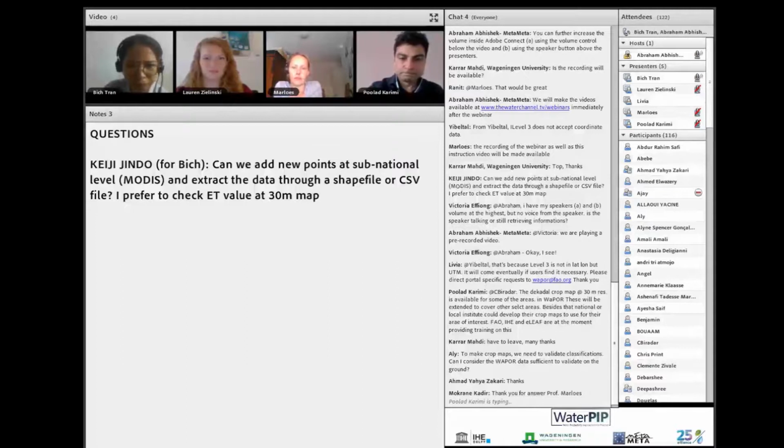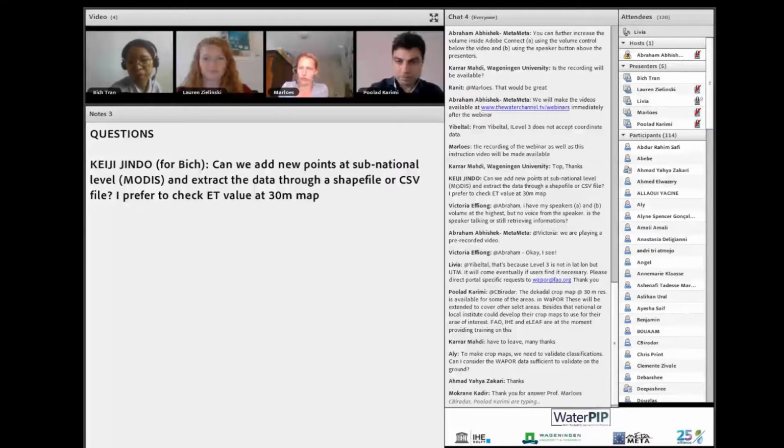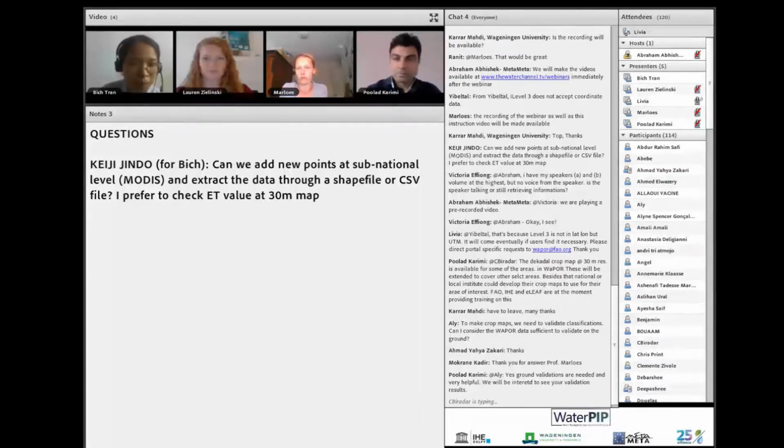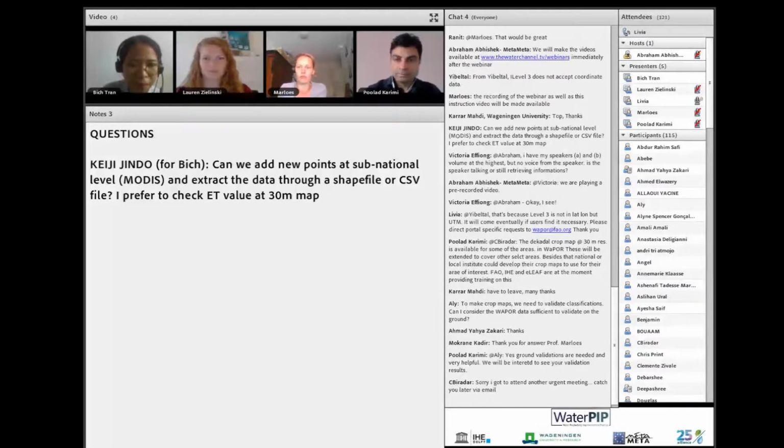The idea was that at that level, we normally know the area already, so it was less relevant at level 3 to find points based on coordinates, unlike on level 2 and level 1. But we have a priority list of functionalities to add to the portal, so please send those requests to WaPOR@fao.org, and we will prioritize and try to apply those changes when we can. Thank you.